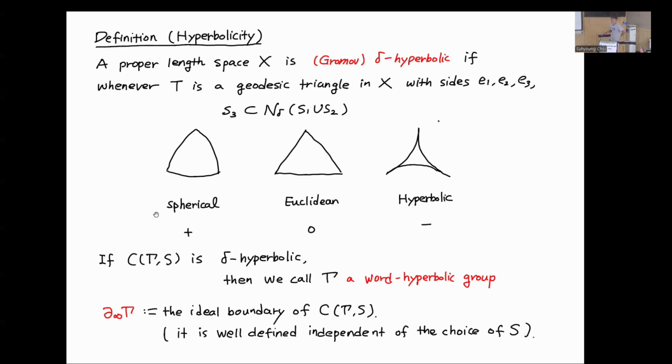As I told you, all the convex co-compact groups are word hyperbolic groups. And also you can define the boundary, the ideal boundary of the Cayley graph, which is the set of equivalence classes of quasi-geodesic rays under the Hausdorff distance equivalence relation.